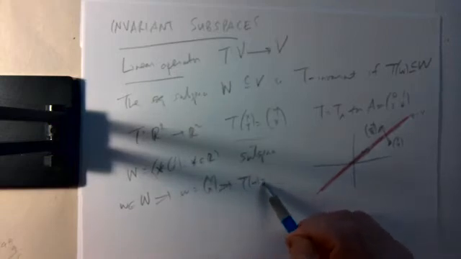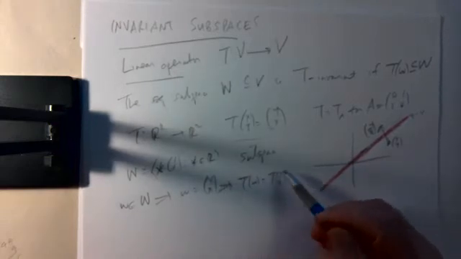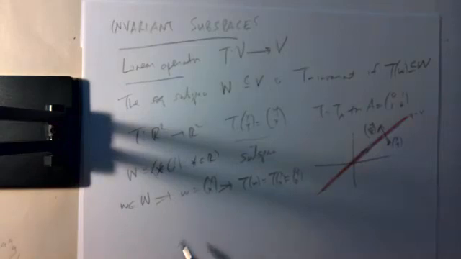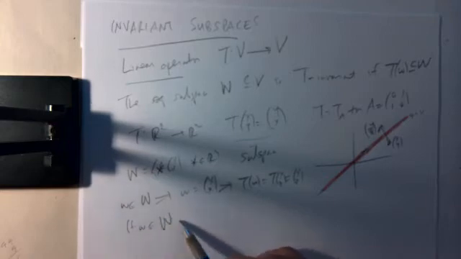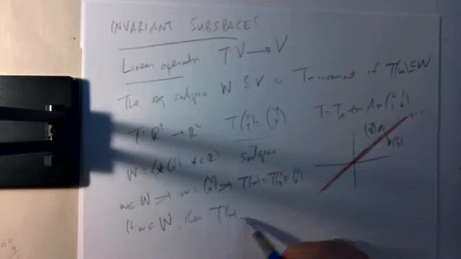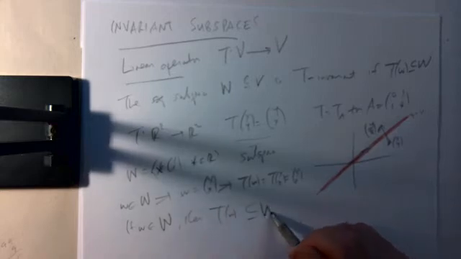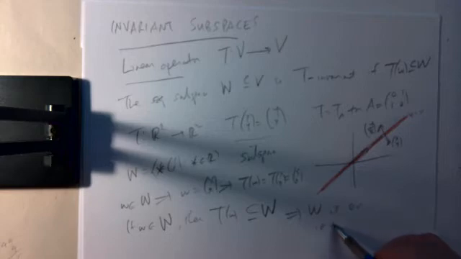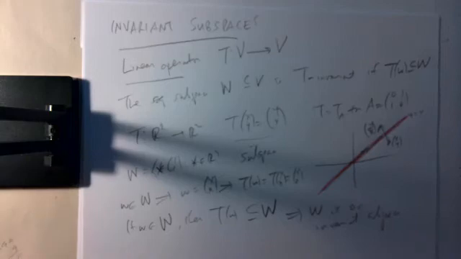And T of w, which is T of (x, x), reverses the coordinates, but they're the same. So when you reverse them, you still get (x, x). So for every vector w in the subspace W, T of w is contained in W. So W is an invariant subspace.